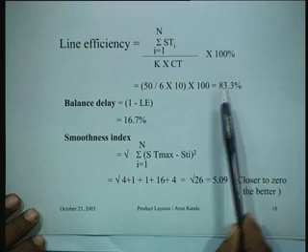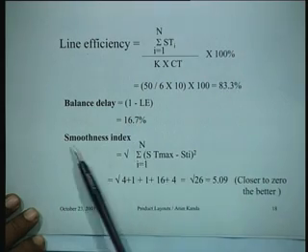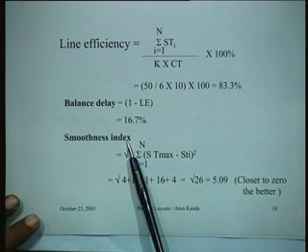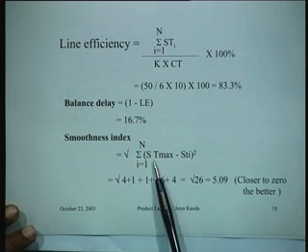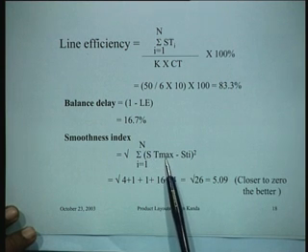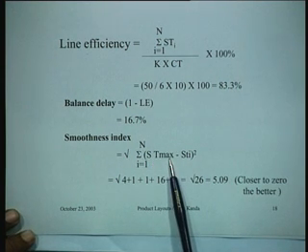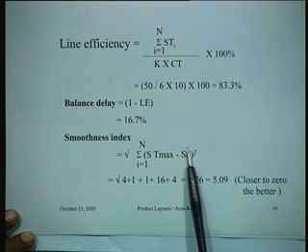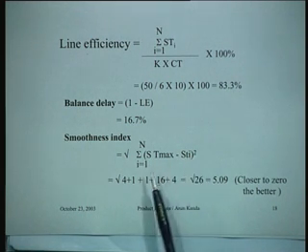So the balance delay is 16.7%, and the smoothness index for this, smoothness index is a term for an assembly line, which is nothing but the square root of the sum of (ST max, the maximum station time, that is the cycle time, minus STi, the station time of the ith operation) whole squared. So it will be for each operation.